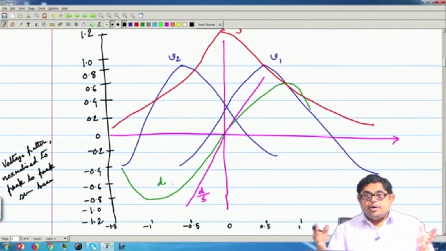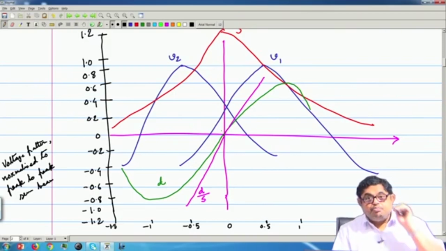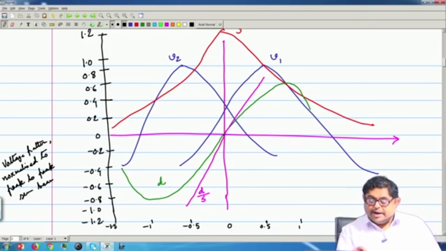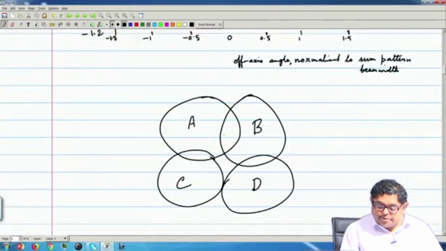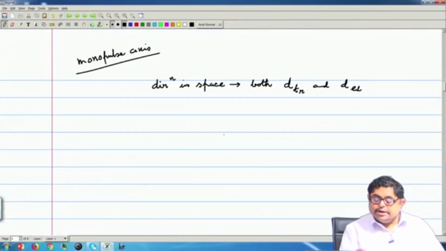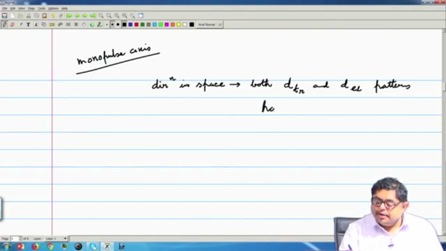Actually, in case of both elevation and azimuth, that means two angular coordinates, there will be one such graph DTR, another such graph D elevation, both have their nulls at the point of reference and that is the monopulse axis. So, this is the definition of the monopulse axis, the direction in space where both DTR and D elevation patterns have nulls.